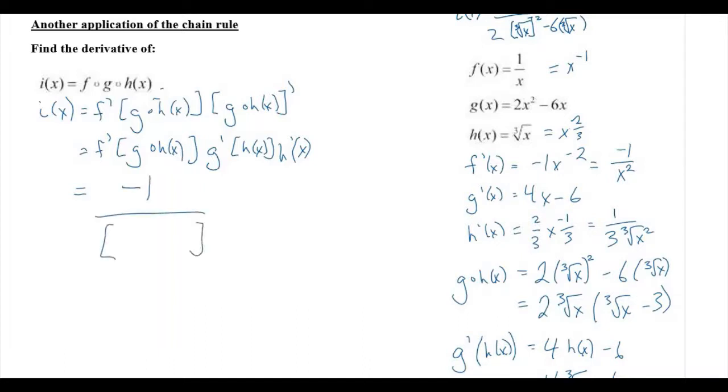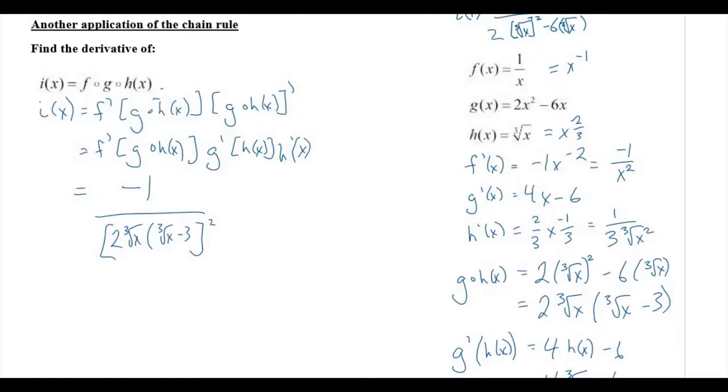It's not x squared, it's going to be g of h of x. So that was 2 cube root x times cube root of x minus 3, all squared. So f prime of g of h of x is all taken care of.